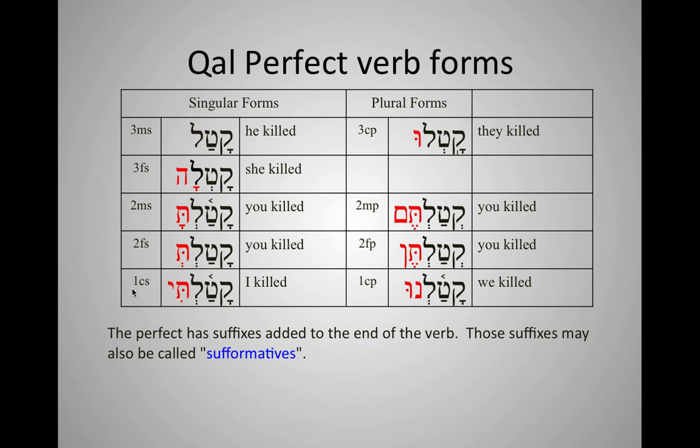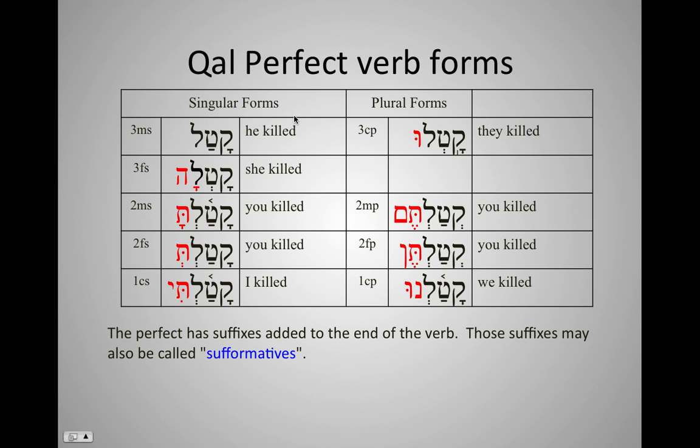Now that little combo essentially means our subject is simply I. So first person common singular means the subject of the verb is I. And again, in this phrase I killed, we don't know whether the subject is masculine or feminine. It could be either. And there's a special ending for that one. It's actually a tav, hiriq, yod. All that together tells us we have a first person common singular verb. And we plug in the subject I.